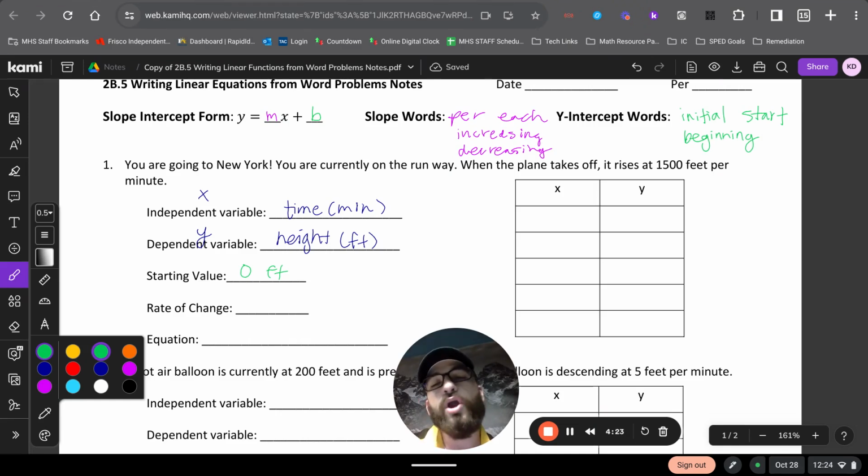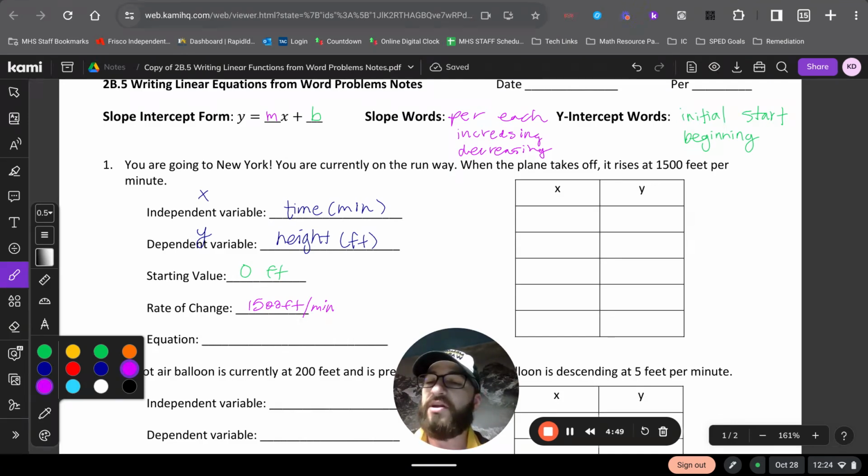So we have this per word, so 1,500 feet per minute. So that 1,500 definitely represents our rate of change. And there's one other important piece here, and that's that it rises at 1,500 feet. So that rises fits in that increasing realm. Rises means we're going up, which means our slope should be a positive 1,500 feet per minute.